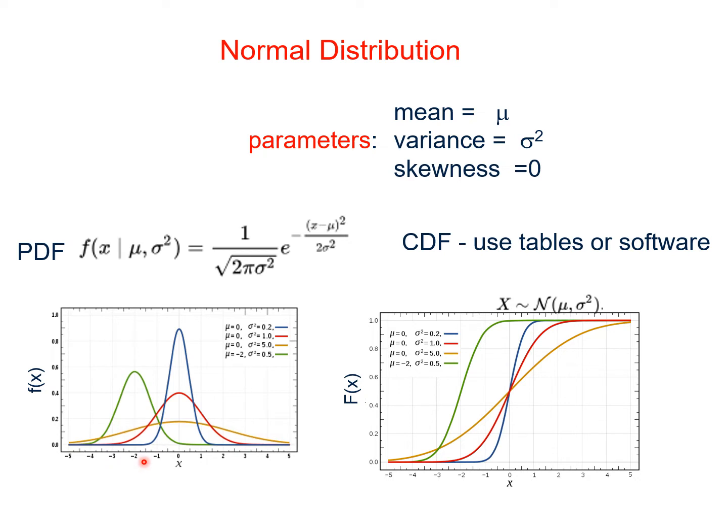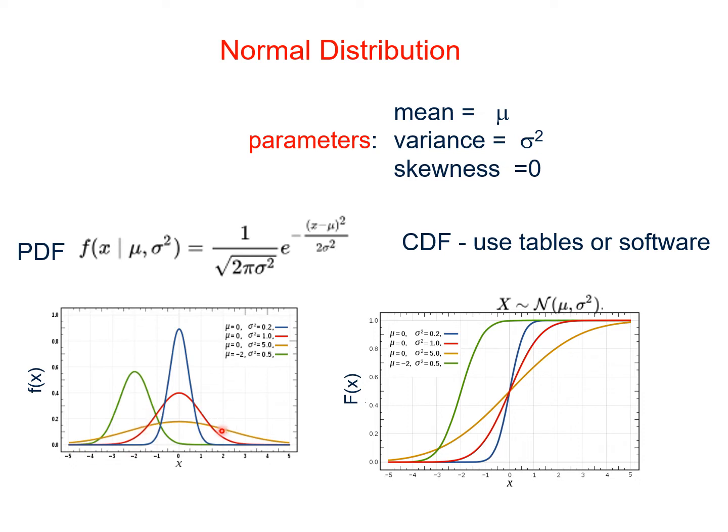Now, similar kind of information we can gather from the CDF also, because a normal distribution is symmetric at its mean value. Okay, let's look at this green one. So it is symmetric about -2, which means the area under this PDF, left side of -2 and right side of -2 should be equal.